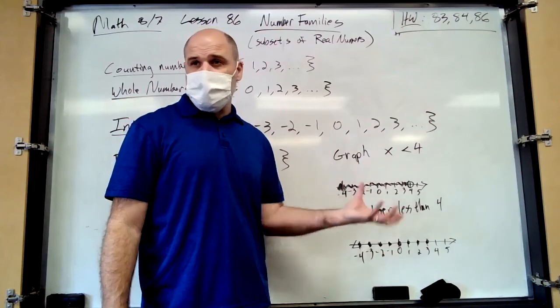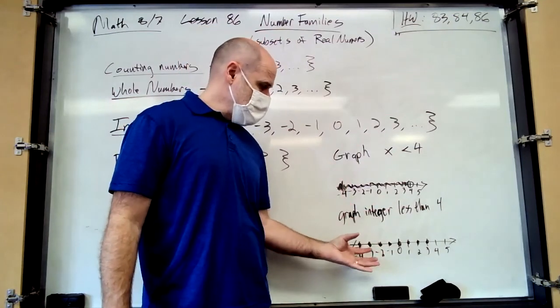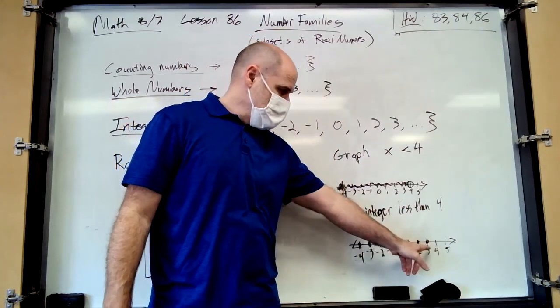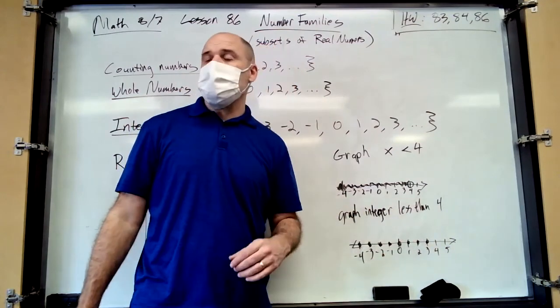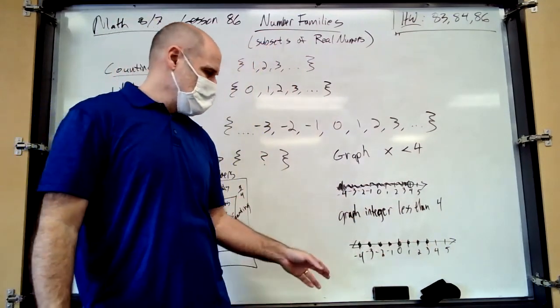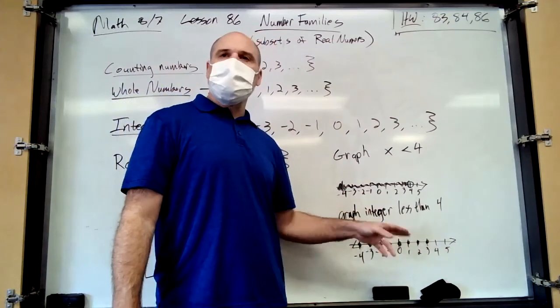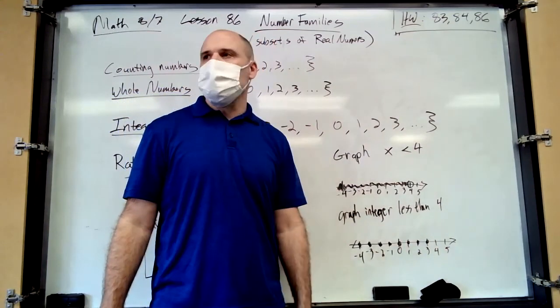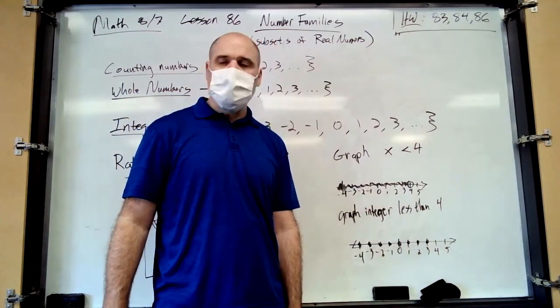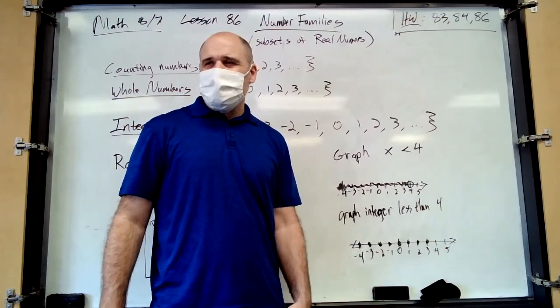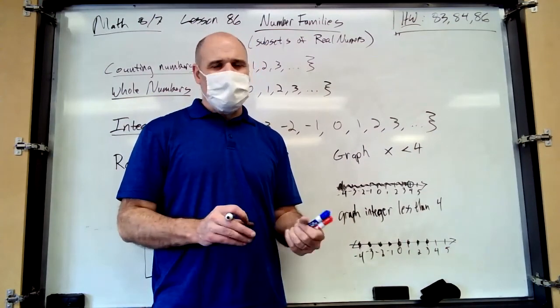That's called the domain. These are the only numbers that go into it. So what integers are less than 4? Well, 3, 2, 1, 0, -1, and all the integers below that. Okay? Does this make sense? All right, good.